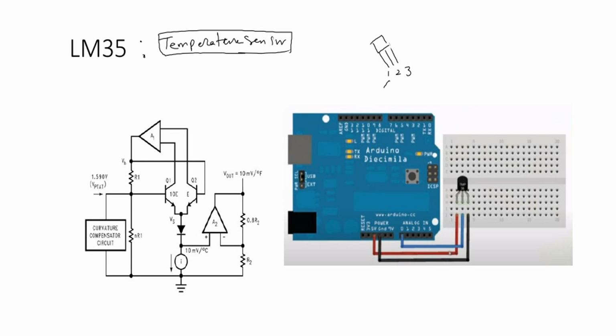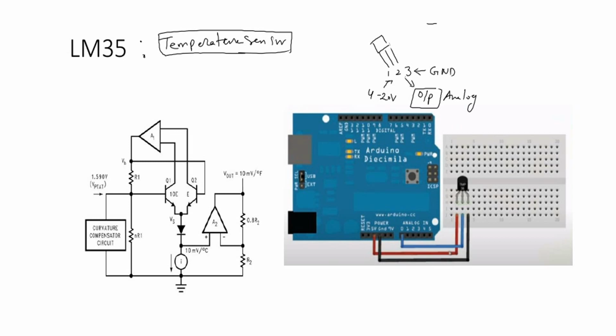Pin 1 will be connected to a supply voltage that could be in the range of 4 to 20 volts, pin 3 is connected to ground, and pin 2 will be the pin which gives you output, in terms of analog voltage value. It gives an analog output which is proportional to your temperature, and it is a very sophisticated device which has all the calibration done inside, so you don't need external calibration.